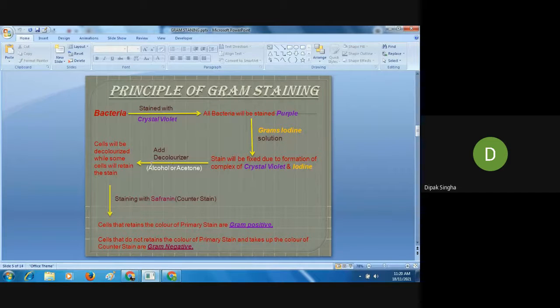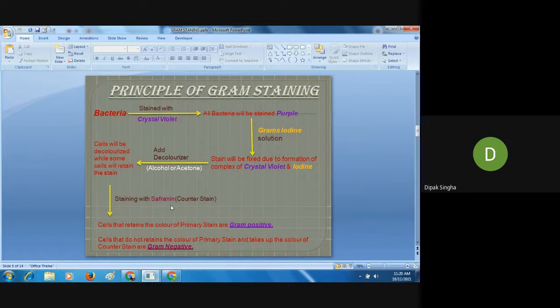Any question? So this is very important: what is the function of crystal violet, what is the function of iodine, what is the function of alcohol, what is the function of safranin, and the color of crystal violet. Remember, crystal violet is obviously a violet color.